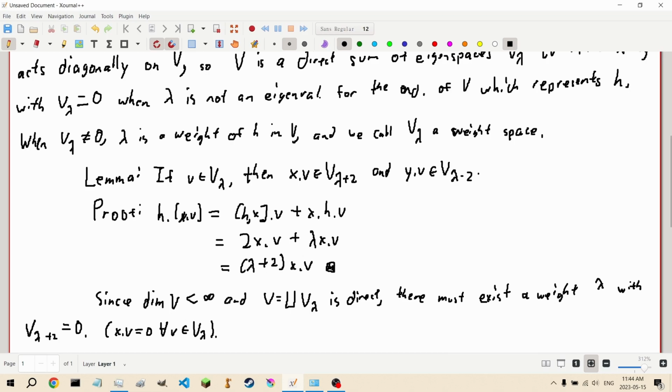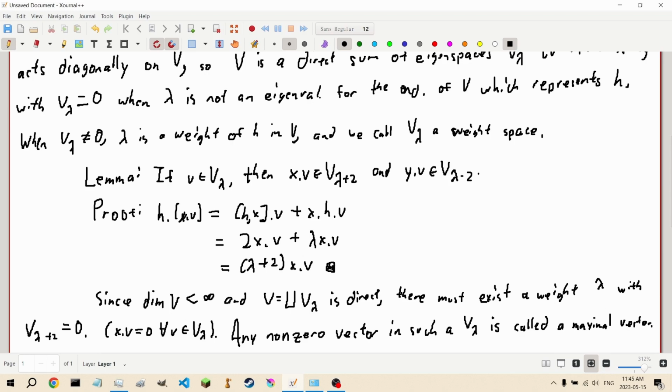And then any non-zero vector in such a V lambda is called a maximal vector of weight lambda, of course.